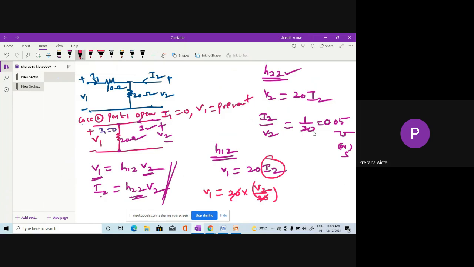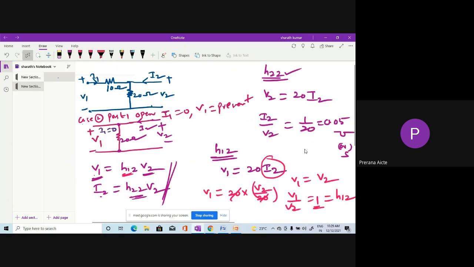So 20 gets cancelled out, and we get V1 is equal to V2. So our requirement, in order to find H12, is V1 by V2. V1 by V2 is equal to 1. That is equal to H12. Voltage divided by voltage, units get cancelled out, no units. So H12 is equal to 1.